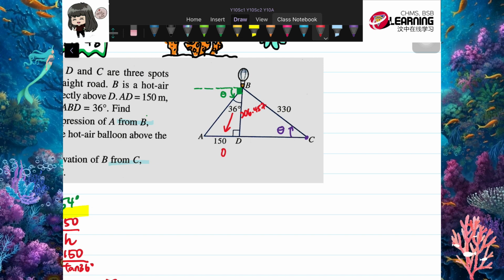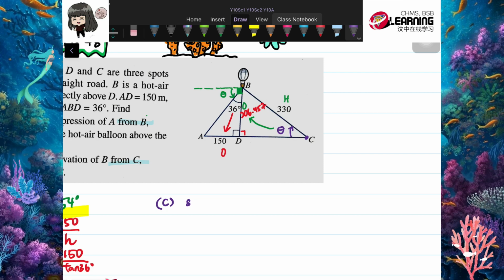206.457. Since this is 90 degree, we can also use SOH CAH TOA. Right angle, we normally use SOH CAH TOA or Pythagoras. Okay, so to find this angle, this is your opposite, this is your hypotenuse. Okay, so we can use sine.